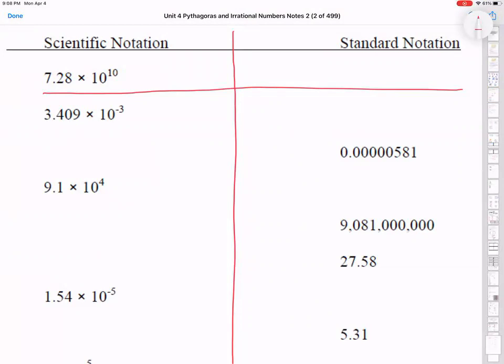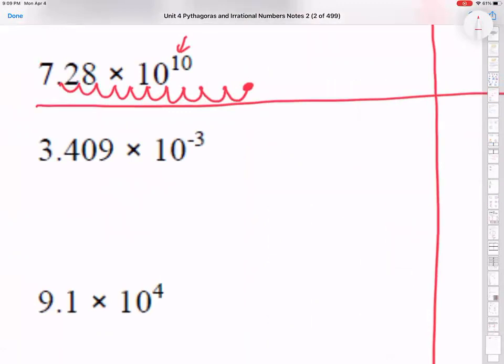So kind of like with part 1, I'm going to move this decimal over. It looks like 10 places in the positive right direction. So 1, 2, 3, 4, 5, 6, 7, 8, 9, 10. And again, anywhere that there was that little bump, we throw in the zeros. Notice I have a positive exponent, positive 10, and I'm getting a really large number here.